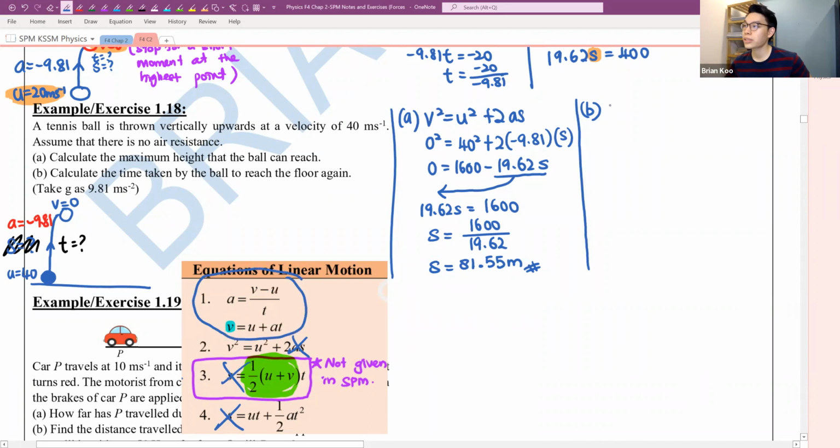Okay, maybe we use V equals U plus AT. A equals V minus U over T also can. V is 0, U is 40, A is negative 9.81, T is just T. Again, this one minus move over become plus.